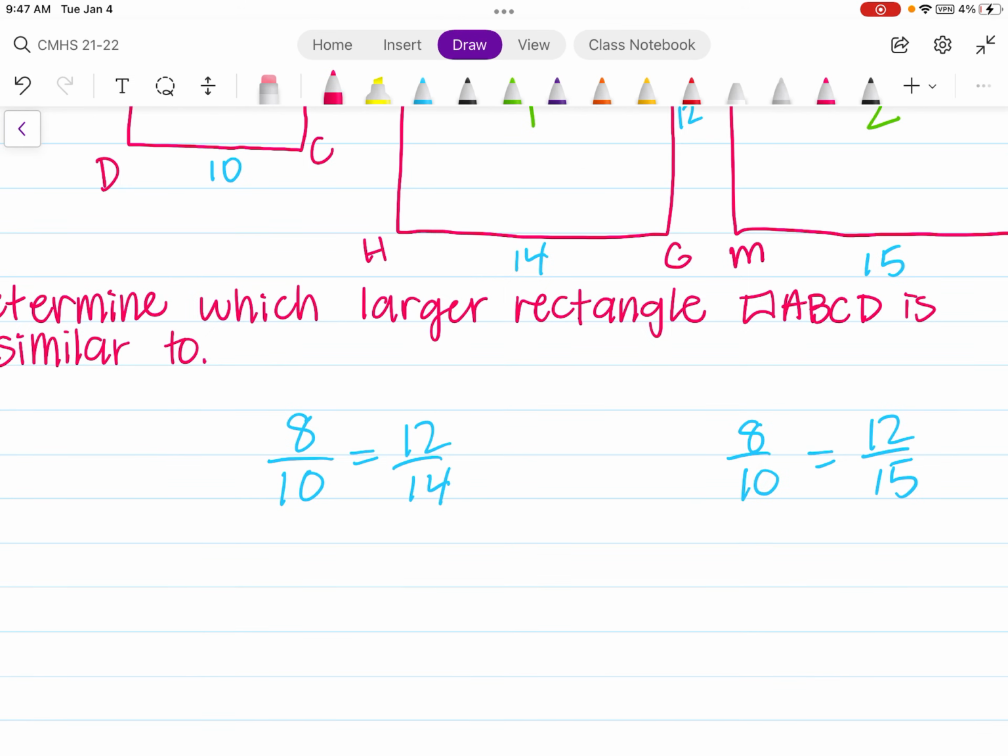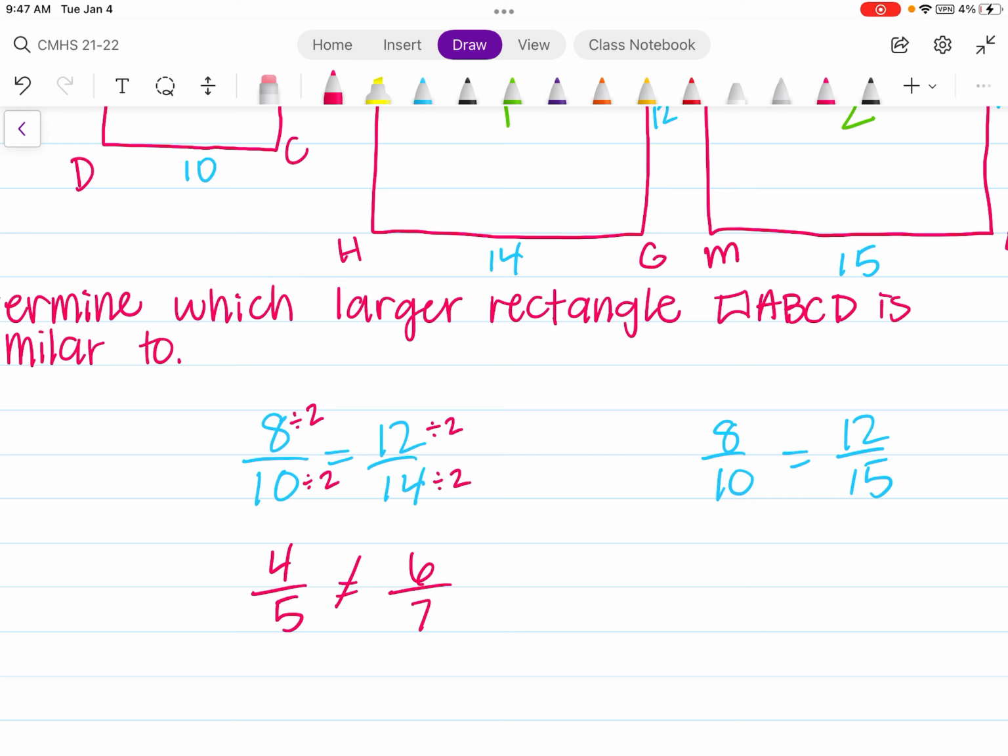All right, so over here, if we divide by 2, we'll have 4 over 5. And over here, if we divide by 2, it is, what, 6 over 7? And those are not congruent.